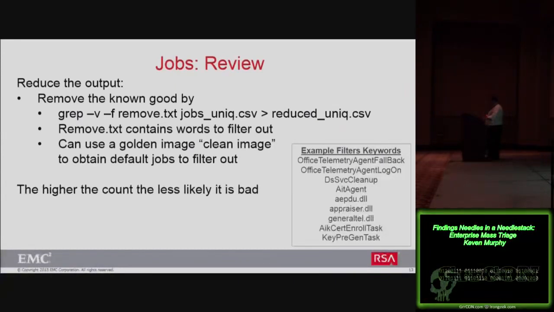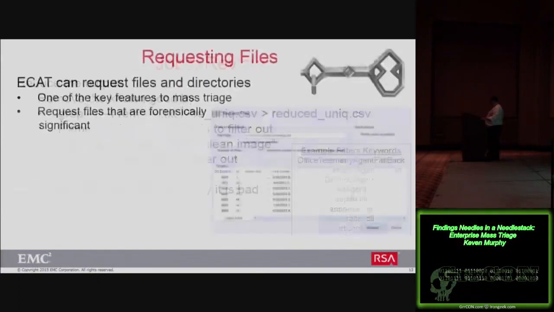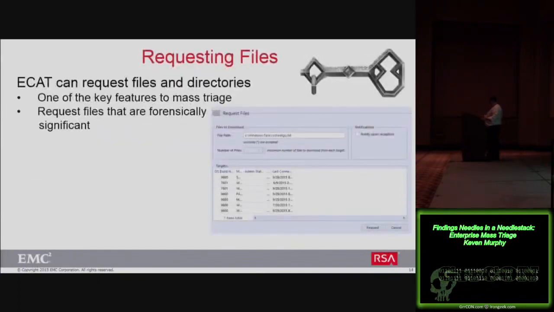And the higher the counts, like I said, the less likely it is to be bad. So, having identified AT jobs that are odd, I'm then going to want to request more information about those particular AT jobs.